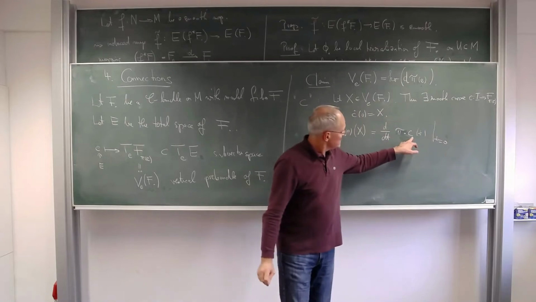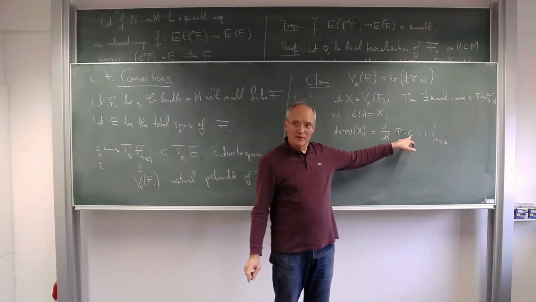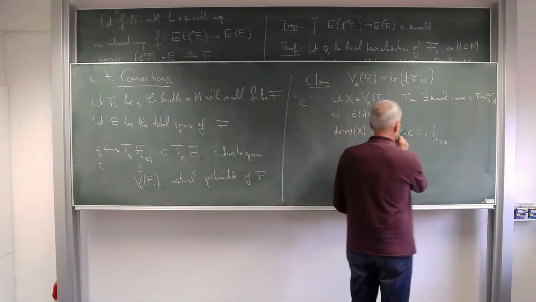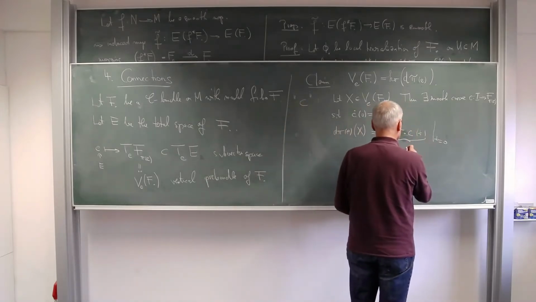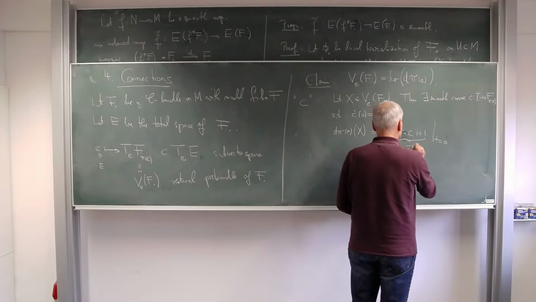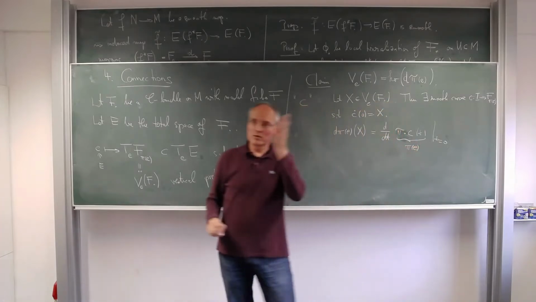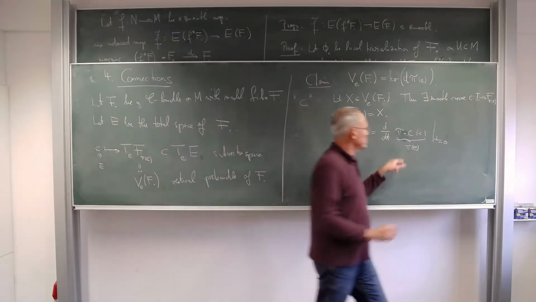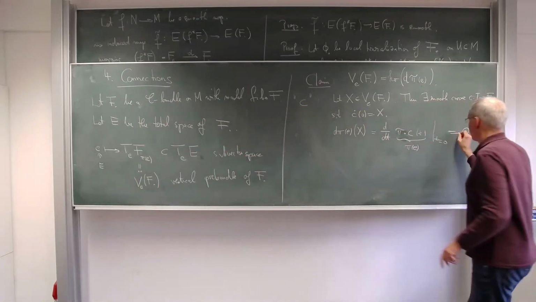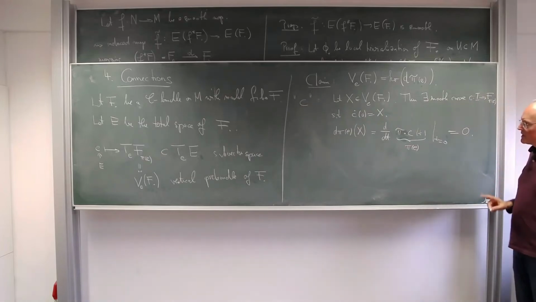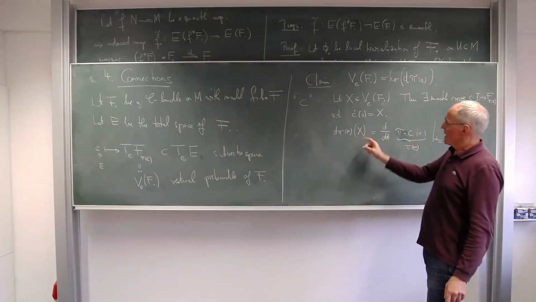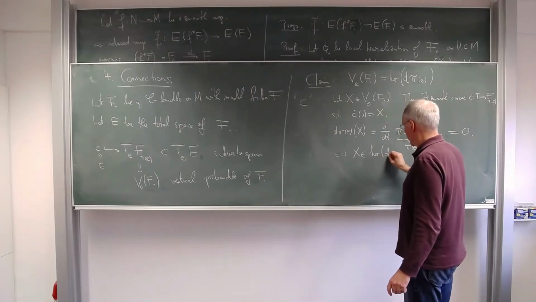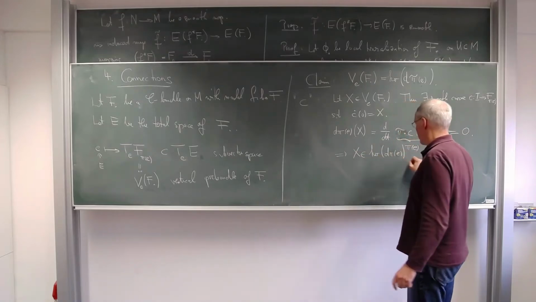But now, since this curve is entirely in the fiber, this is always the same value, independently of t. This is the same as pi of e. It doesn't change because the curve lies in one fiber. And so we have a constant curve which gets differentiated, so this gives us 0. So this tells us that x is indeed in the kernel of the differential of the projection.